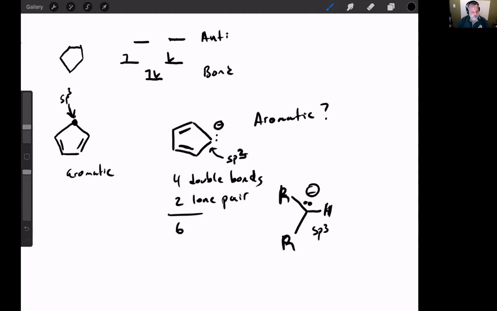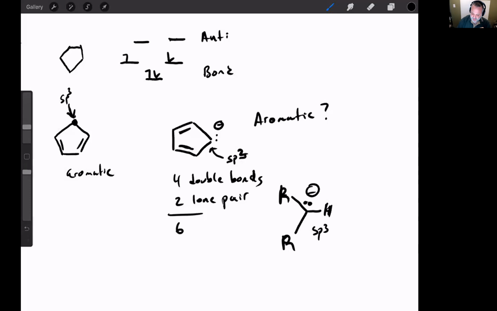Well, what we're going to learn is that if a molecule can gain some stability by having an otherwise sp3 atom rehybridize into sp2, then it'll do that in order to gain aromatic stability.